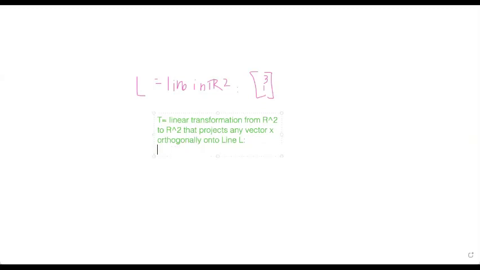They say that we can facilitate a study of T by introducing a coordinate system. And they mean a coordinate system where L is one of the axes, right? We've got L equaling the c1 axis with a c2 axis perpendicular to L.